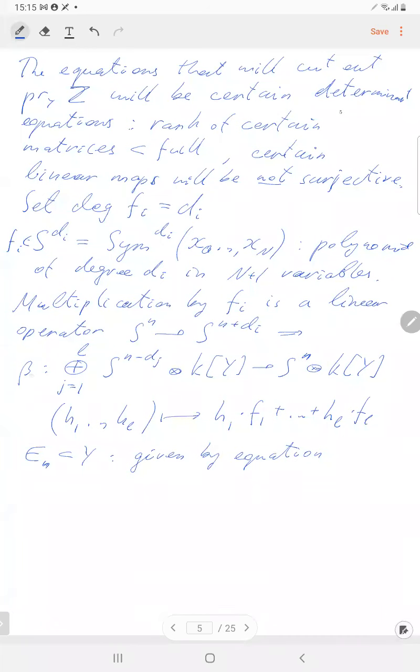Maybe let me denote it by beta sub n, that beta sub n is not surjective.